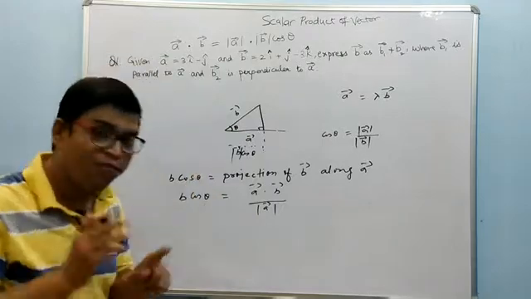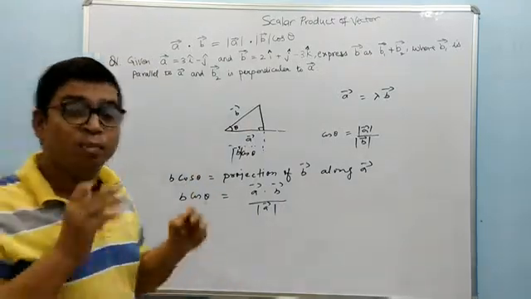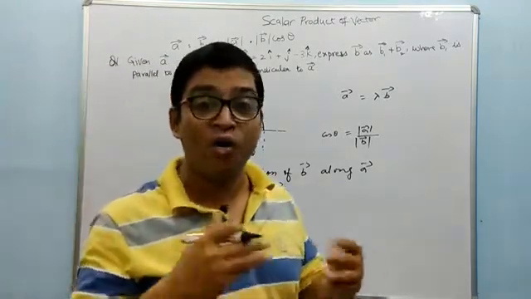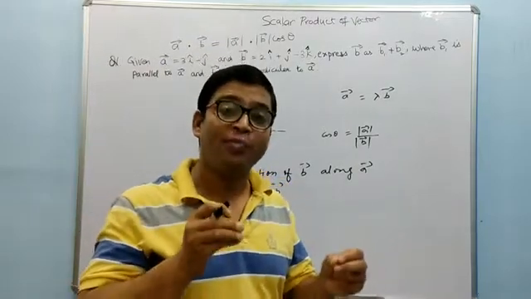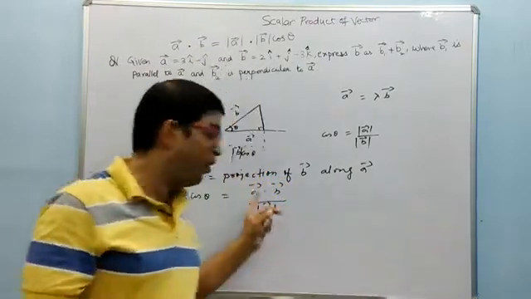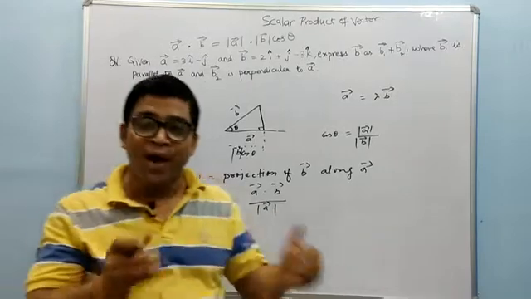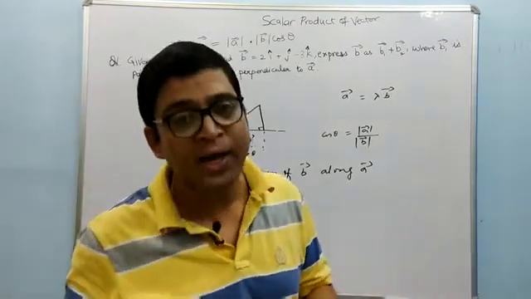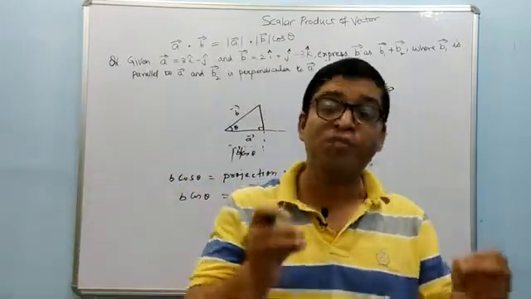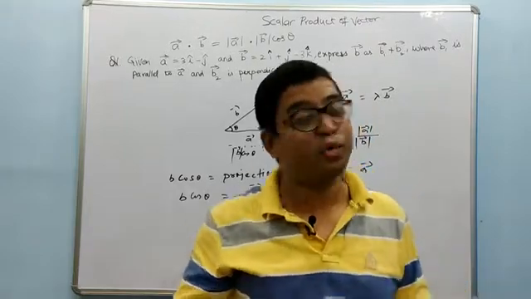If you have to find the projection of a vector along any vector, you just find their dot product divided by the magnitude of the vector along which we have to find the projection.